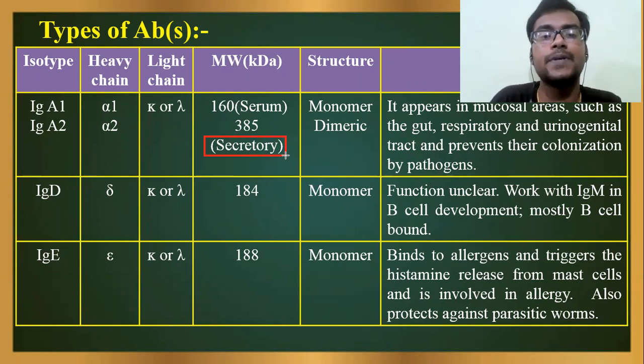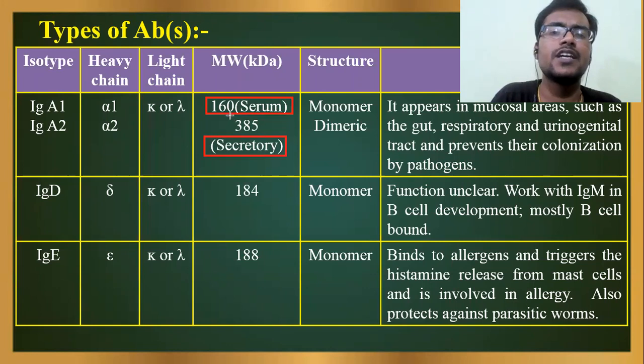When a mother feeds her baby, the colostrum contains immunoglobulin A. That form is known as the secretory form. In blood serum, immunoglobulin A is found in the serum form. The molecular weight of serum immunoglobulin A is 160, and the secretory immunoglobulin A has a molecular weight of 385.